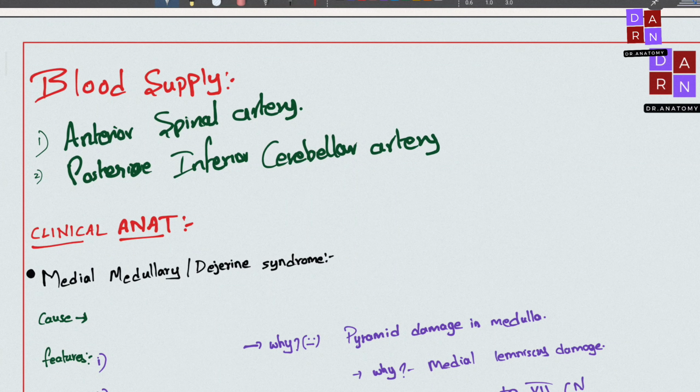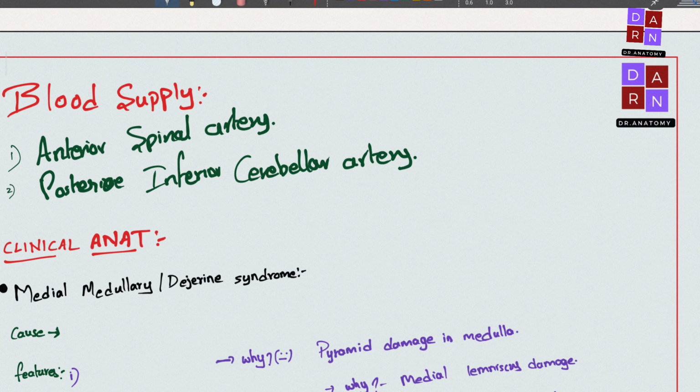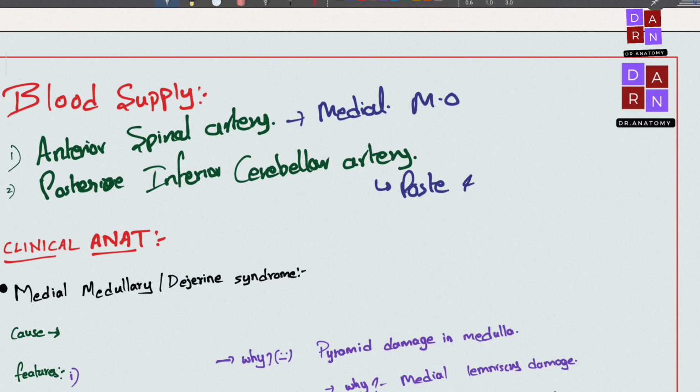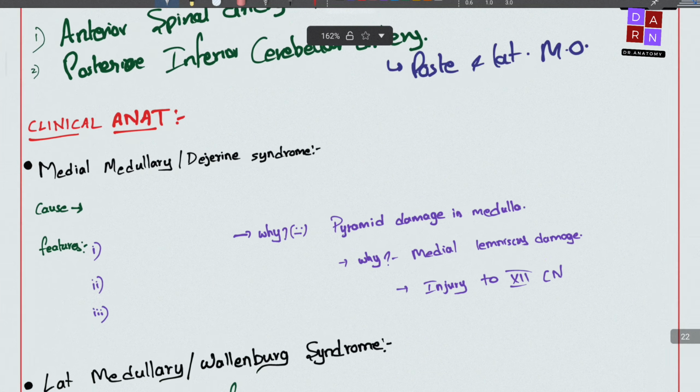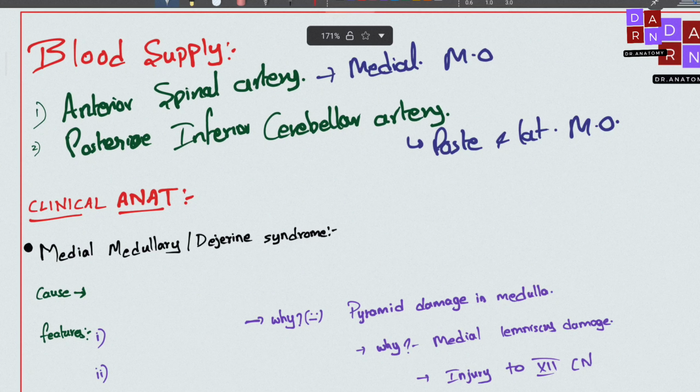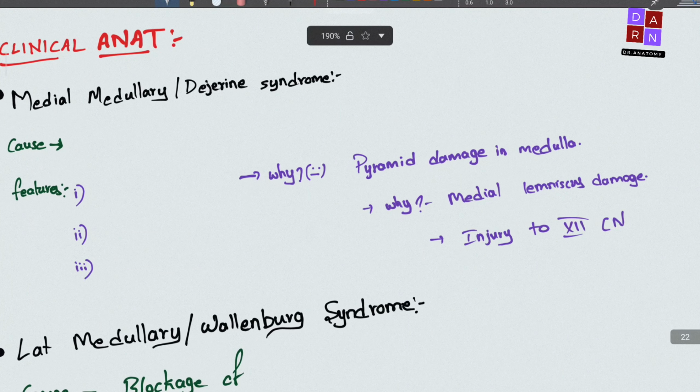The anterior spinal artery supplies the medial part of the medulla oblongata. The posterior inferior cerebellar artery supplies the posterior and lateral part of the medulla oblongata. Remembering which part they supply, we can correlate this clinically.